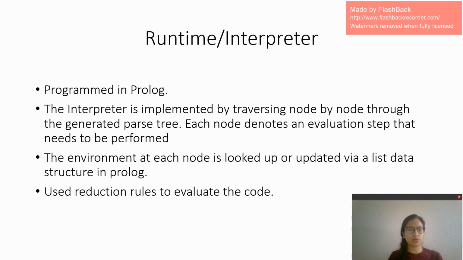So there are two rules that run on the environment. One is lookup, the other is update. The lookup predicate is used to look up an identifier with a particular value in the environment list, and the update predicate looks up an element and updates the environment with the new value of the identifier.